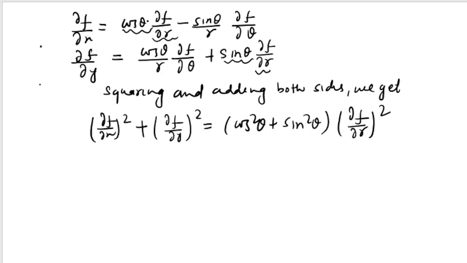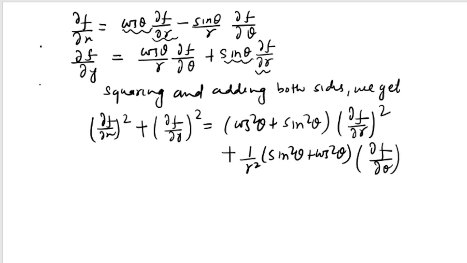So a square term of this and b square term of this, and then a square of this plus a square of this. So I will get what? Sin square theta by r square and cos square theta by r square. So I will get 1 by r square, sin square theta plus cos square theta, and in the bracket I will have del f by del theta whole square, and there will be two AB terms.